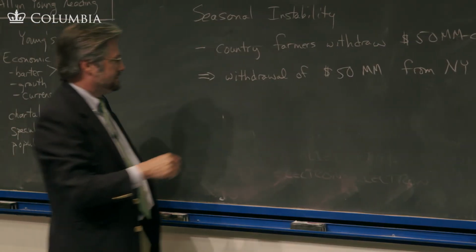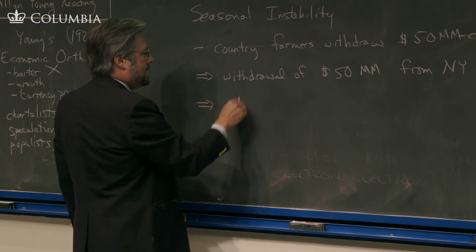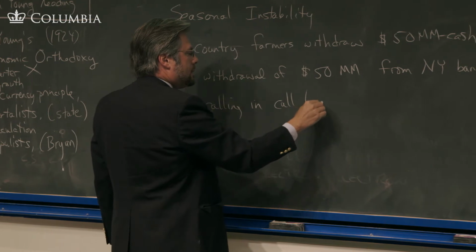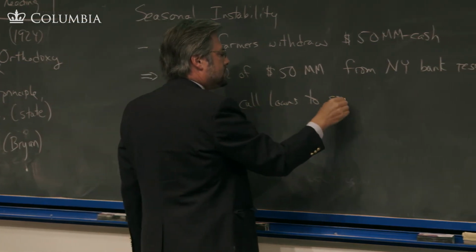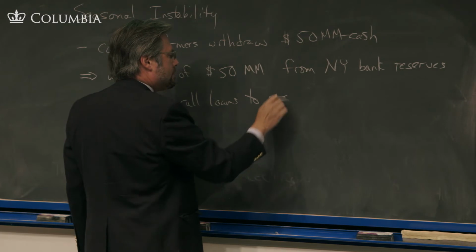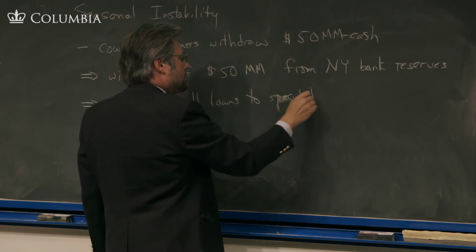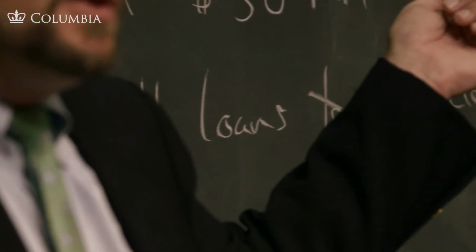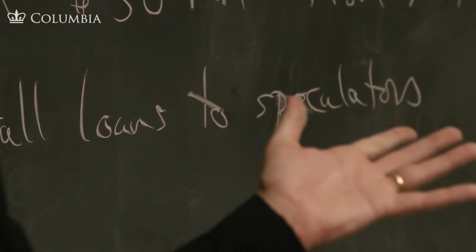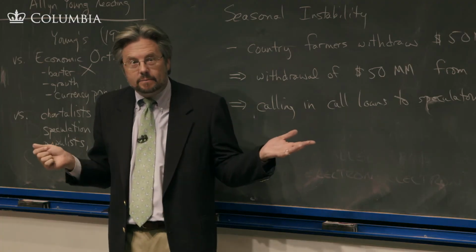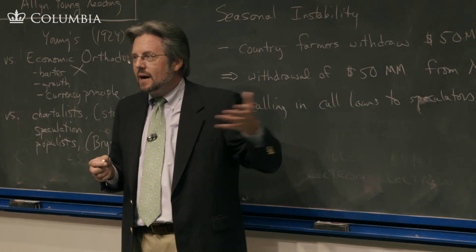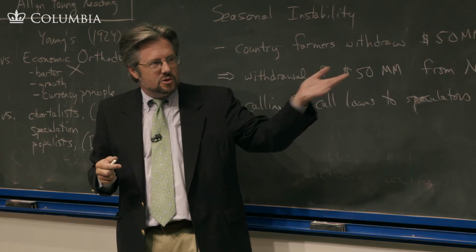And how do they do that? Calling in call loans to speculators. Young explains that the New York banks, when they had excess reserves, that is to say, when the farmers didn't need them, didn't want to just let them sit idle, so they would lend them to stockbrokers who would use them to buy stocks, to make a speculation, and they would promise to give this money back.